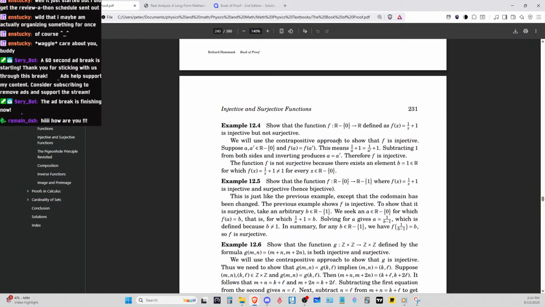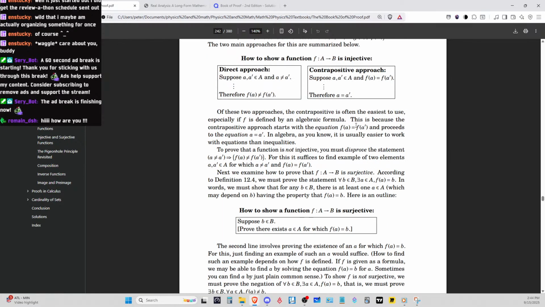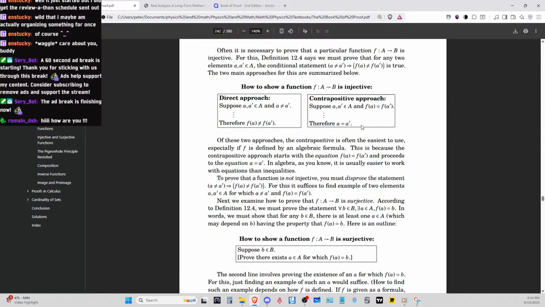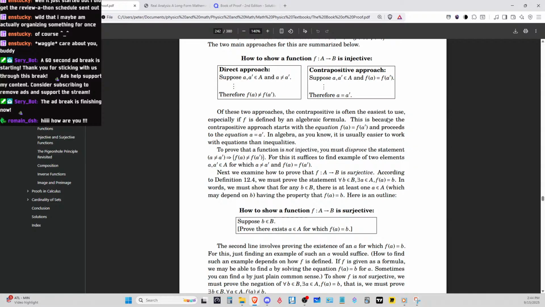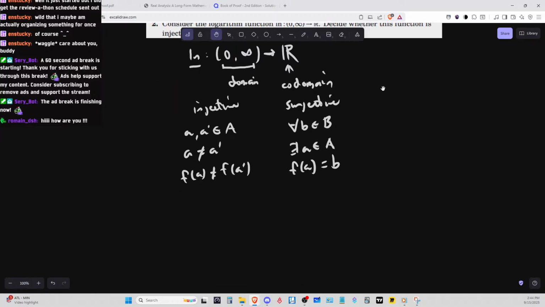I think we might have to actually prove something, so we're probably going to have to use these approaches. Let's write proof just to show that we're starting something.